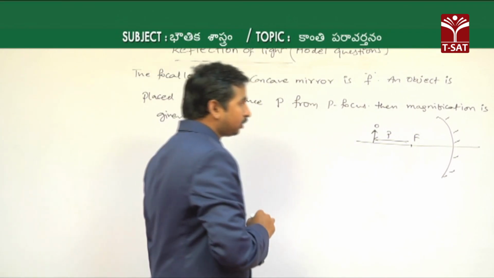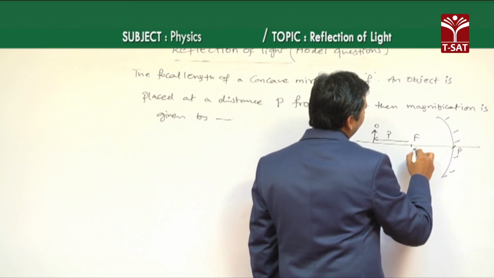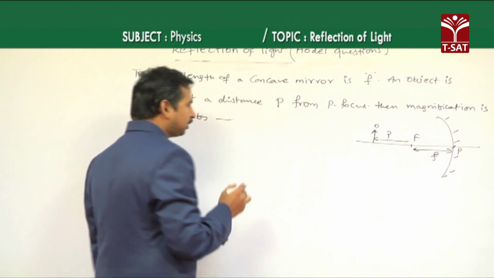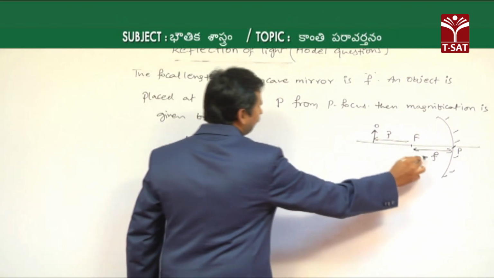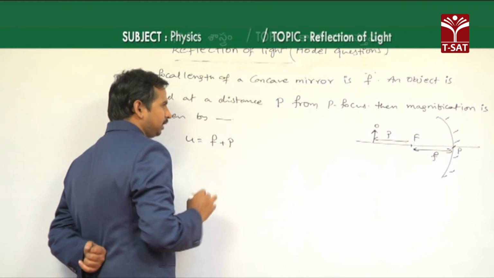The distance between the focus and the pole, which is the center of the mirror, is nothing but the focal length. Then the object distance finally becomes u is equal to f plus p.